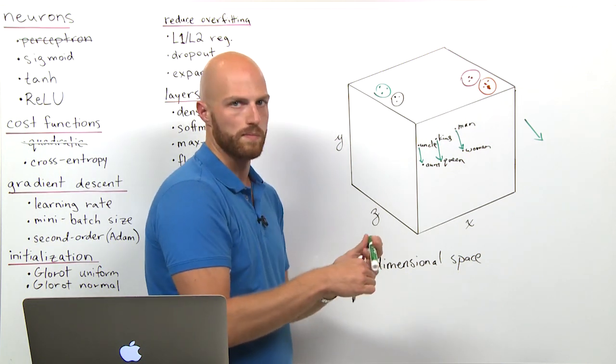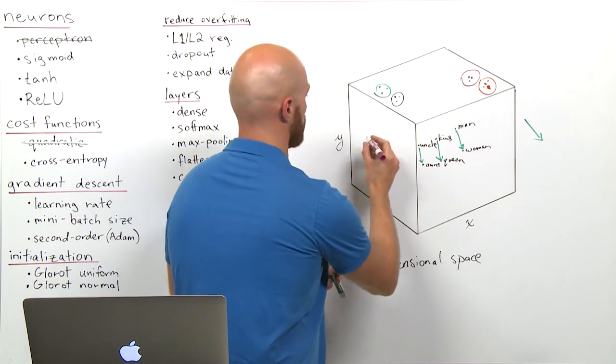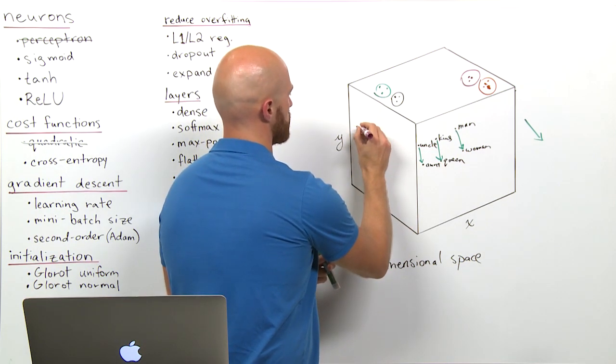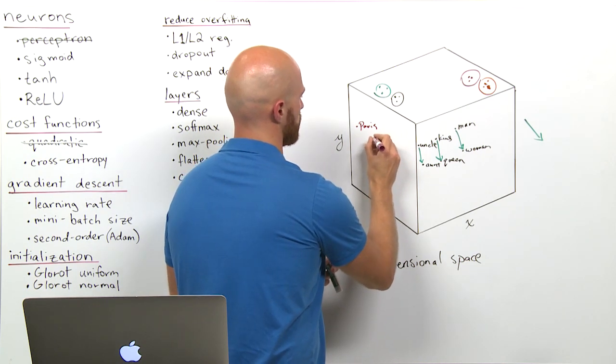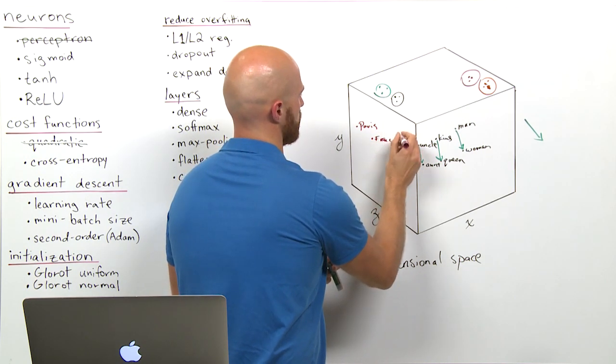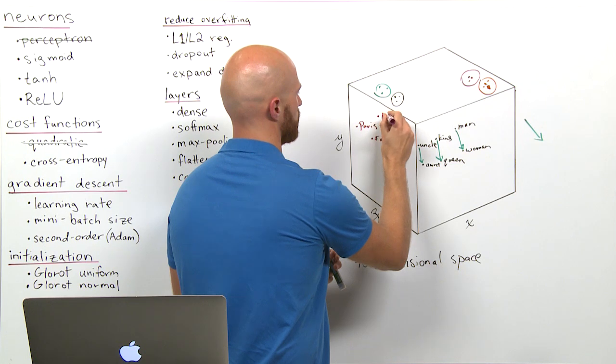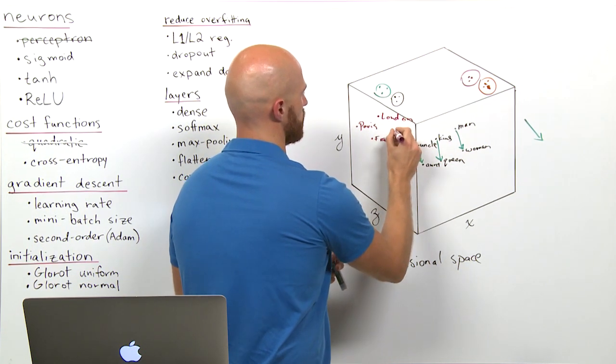Another example would be having words like Paris, France, London, and UK.